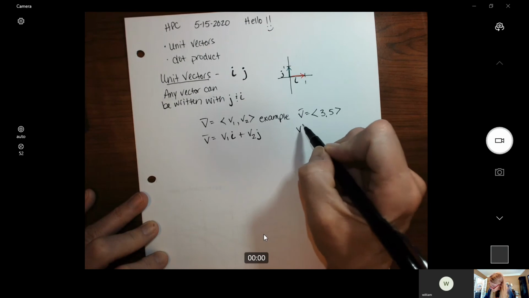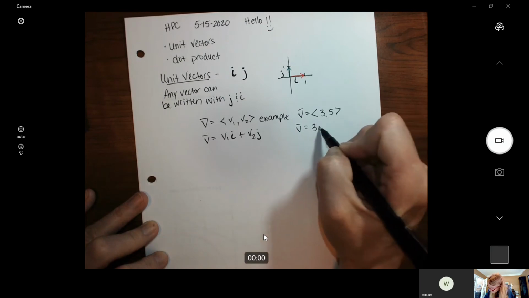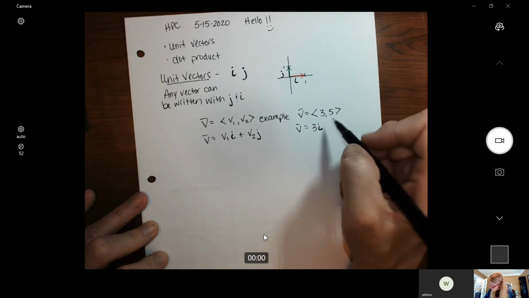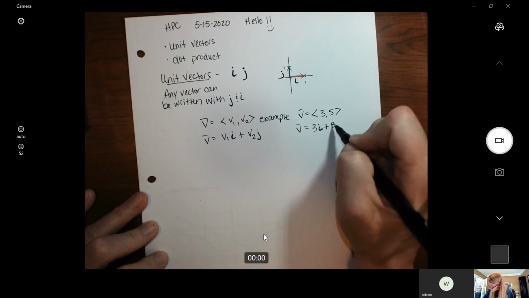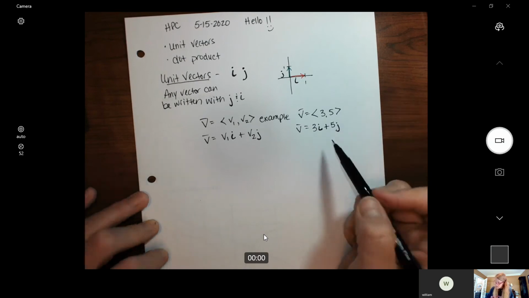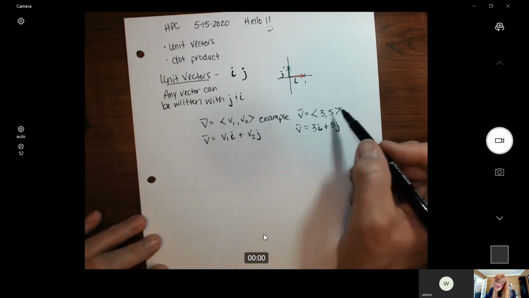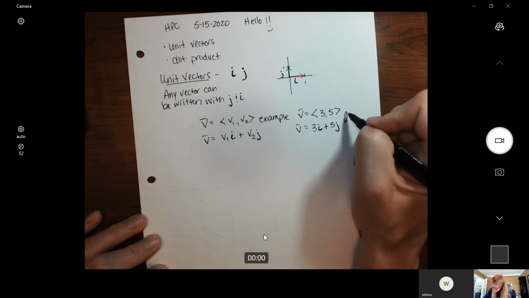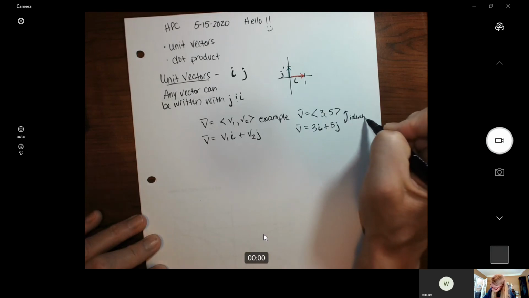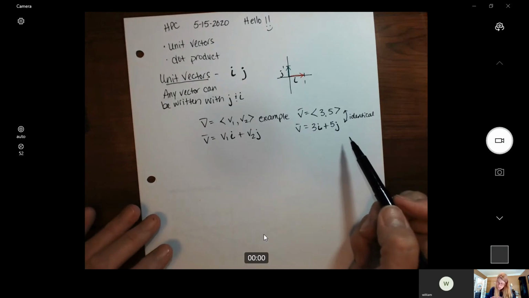And so our example over here would look something like 3i, so 3 times the i vector, plus 5 times the j vector. Remember, j is vertical and i is horizontal. So these are identical, just different ways to represent those two.